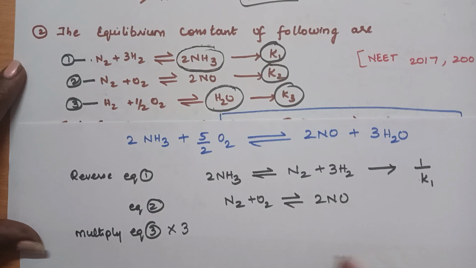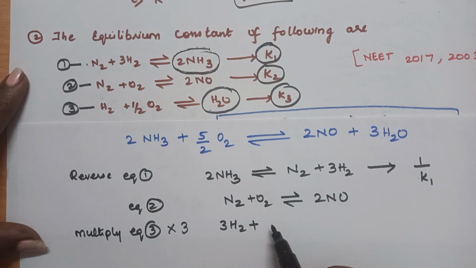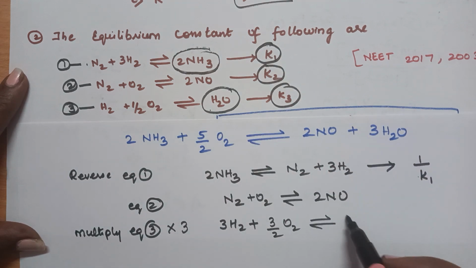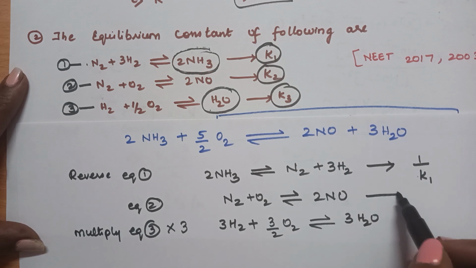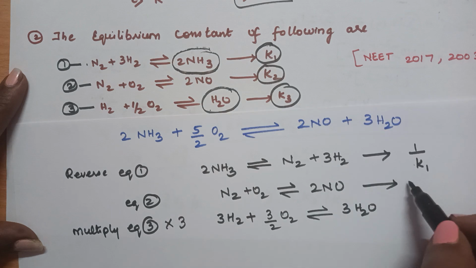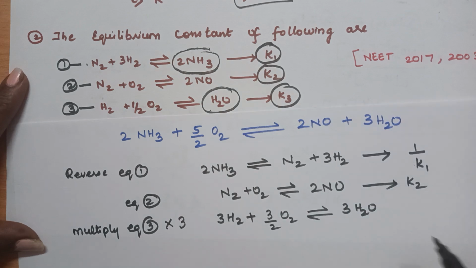So it becomes 3H2 plus 3 into half, so 3 by 2 O2 giving 3H2O. So for the second equation, the equilibrium constant will be the same, as I have written it as it is. So it will be K2.